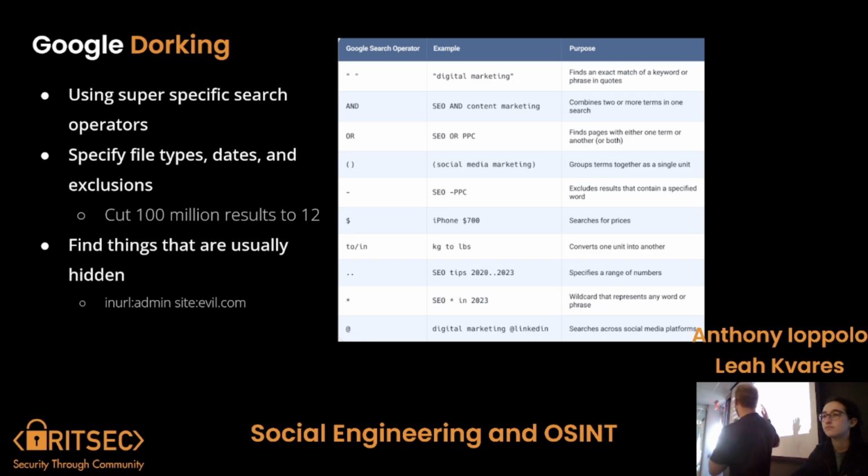There's things like site, where you can specify what sites results come from. There's a huge list of operators, like the dollar sign, if I only want prices. With the minus sign, say I search camera but subtract for sale, it'll show me cameras and won't show me anything for sale. So you can narrow down exactly what you want using these search operators.